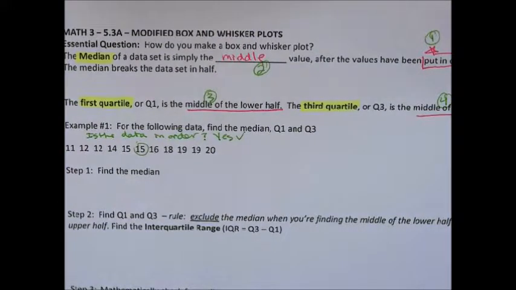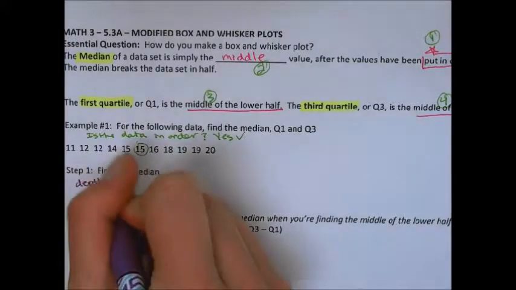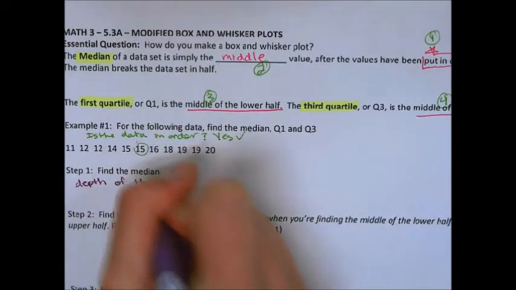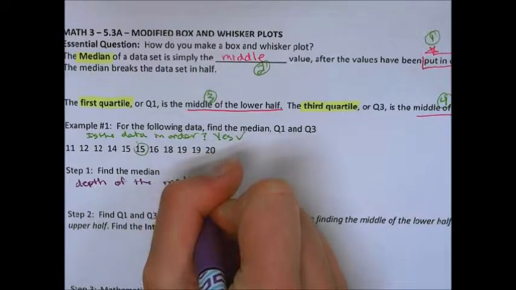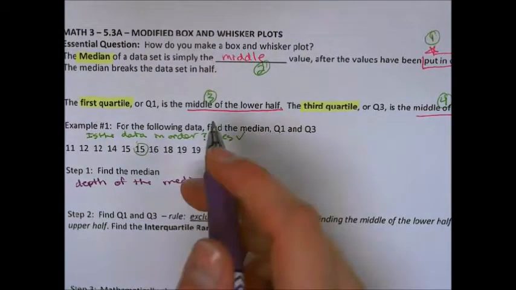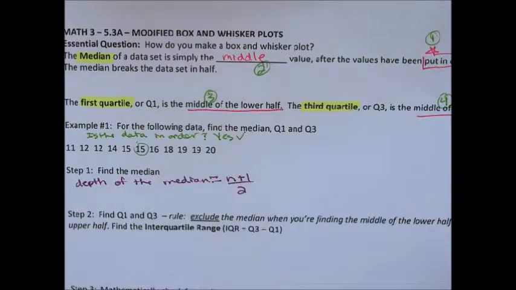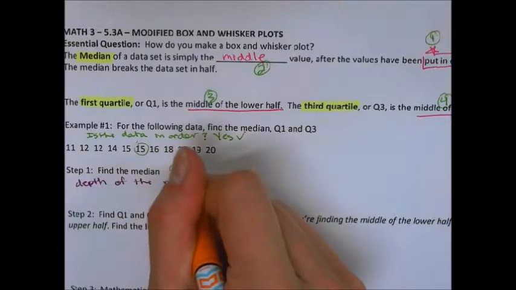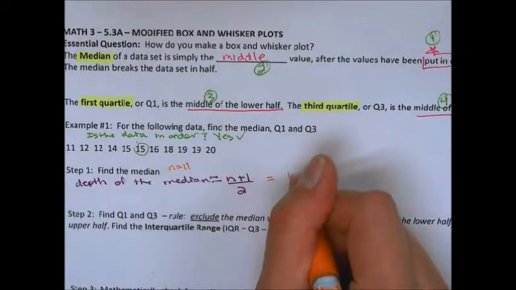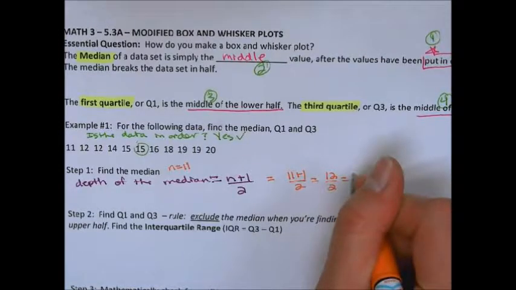Another way you can do it is this little formula. So the depth of the median is n plus 1 divided by 2. Now we counted, and there were 11 data pieces. So 11 plus 1 divided by 2 is 12 divided by 2 is 6.